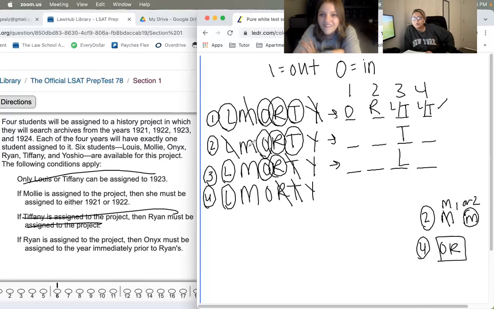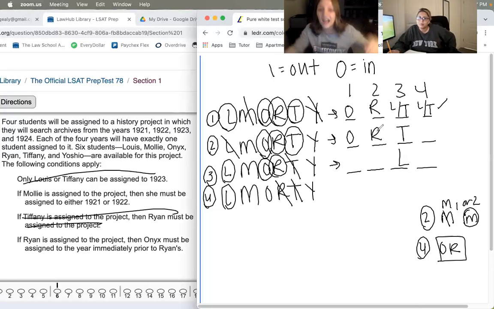Oh no, since it can't go in either one of those. Yeah, because O and R have to go in that 1 and 2 spot, right? That's the only spot that we can put that block in. And because they're taking up 1 and 2, we can assume that M has to be out, which means Y is the one that has to be picked and fill in my empty spot.